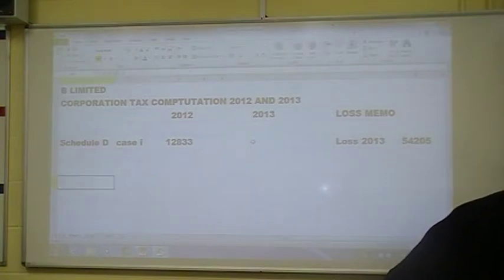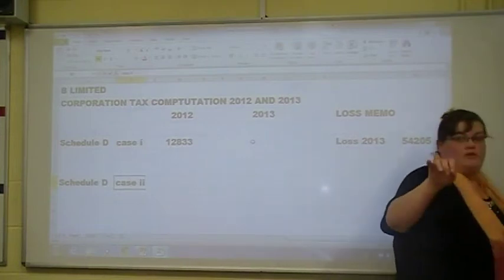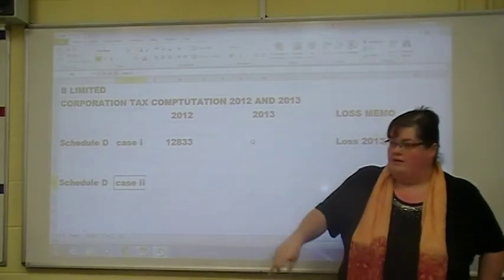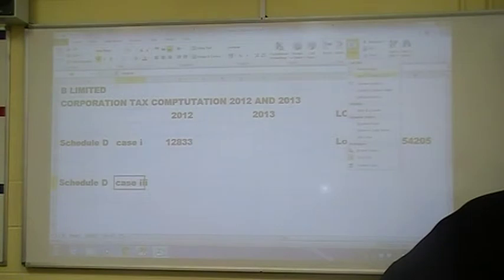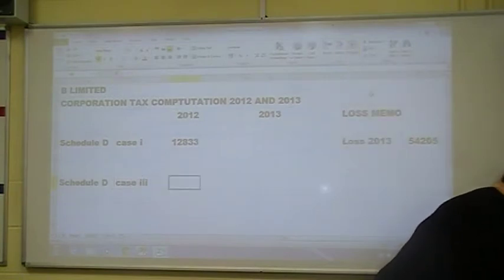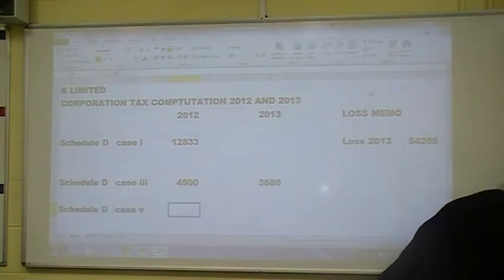Okay, we've got Schedule D case 3. Just leave a little bit of space in between because we have to go back and put our loss in up here. So just leave a line or two. And that is 4,900, and it's 13,358. Schedule D case 5 is 3,700 and 4,860.